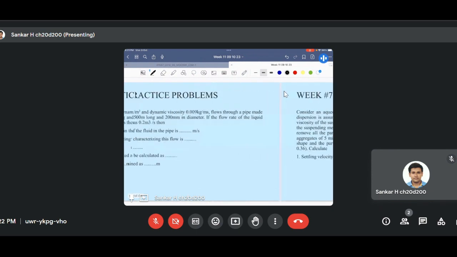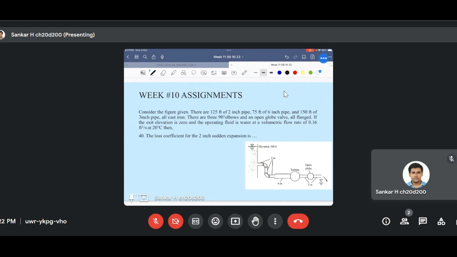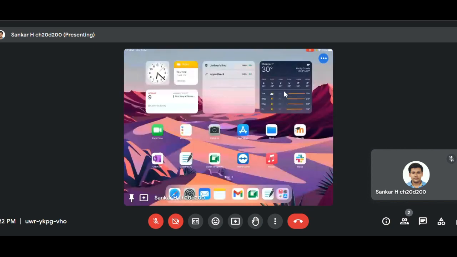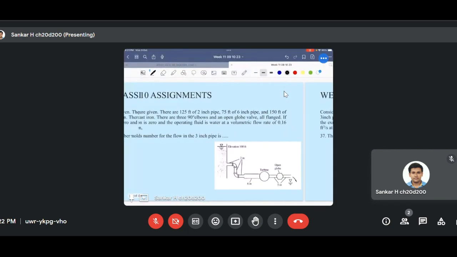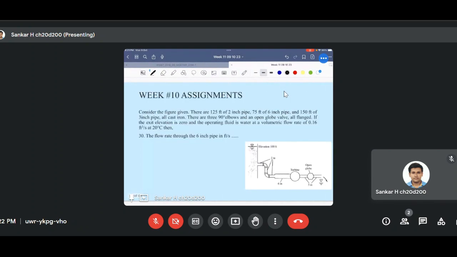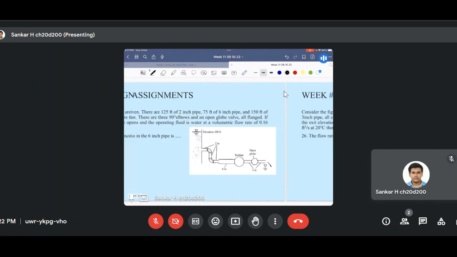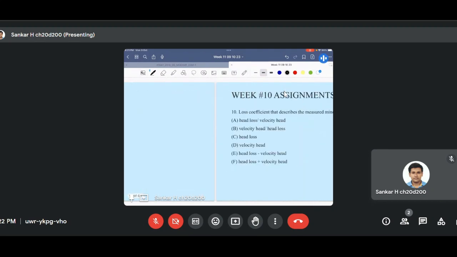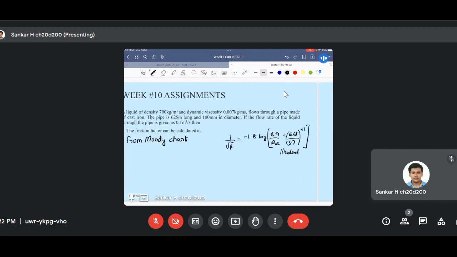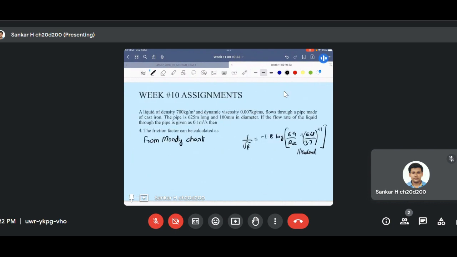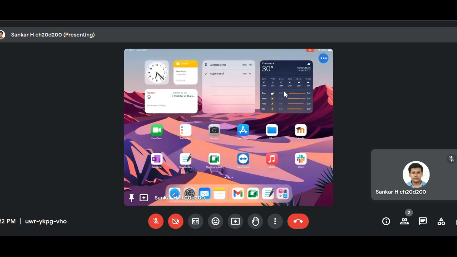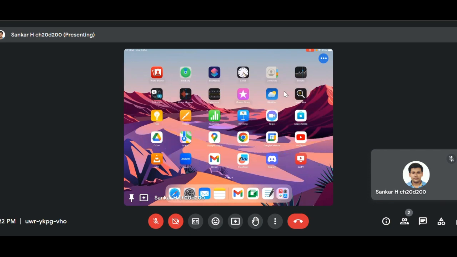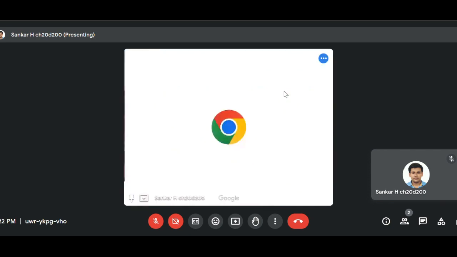It's okay, it's not a problem. There are around 43 questions in this particular assignment, which makes it the longest assignment, but these questions are very easy. So let's just Google out the Moody's chart.